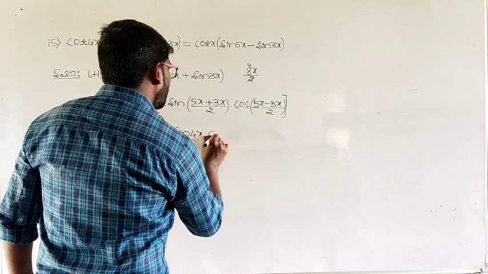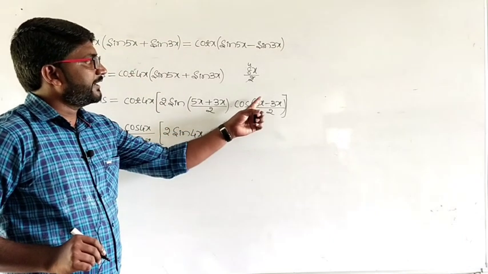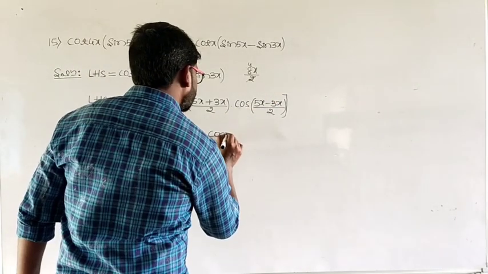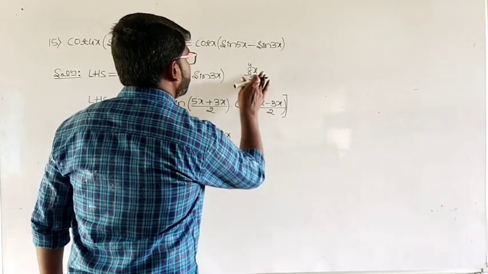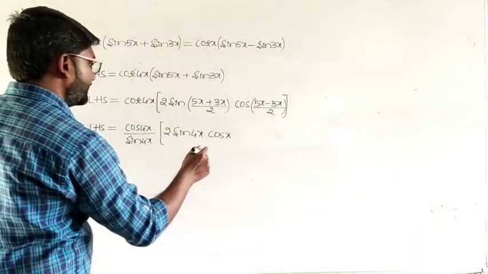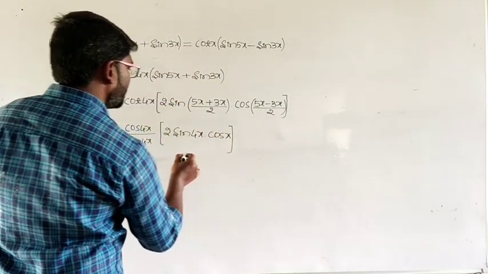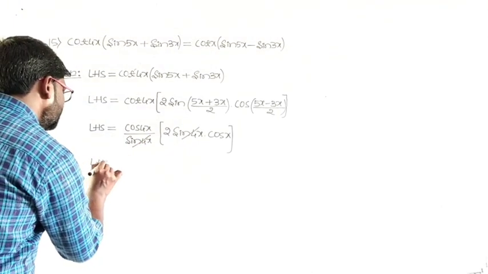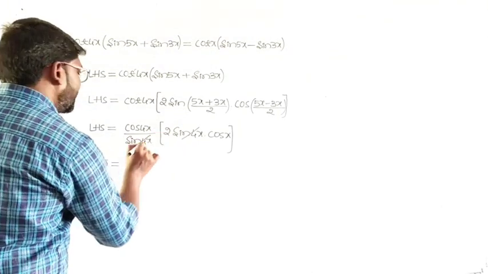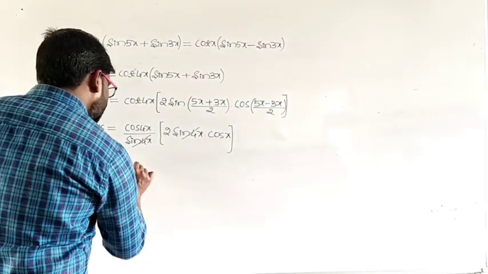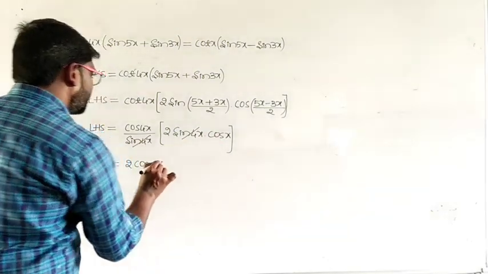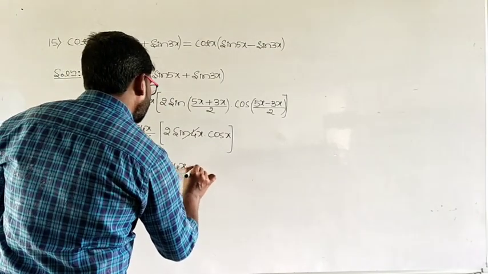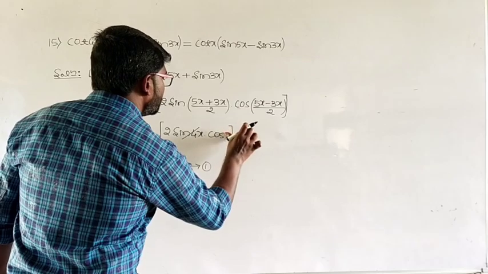Then into cos of 5x minus 3x, which is 2x, 2x by 2 is x, we get cos x. Now sin 4x gets cancelled. Left hand side is equal to 2, I write it in the beginning, then cos x, and then cos 4x. I call this equation number 1.